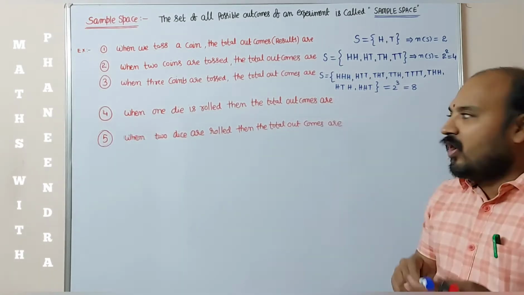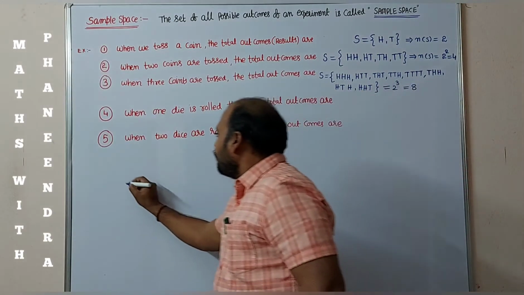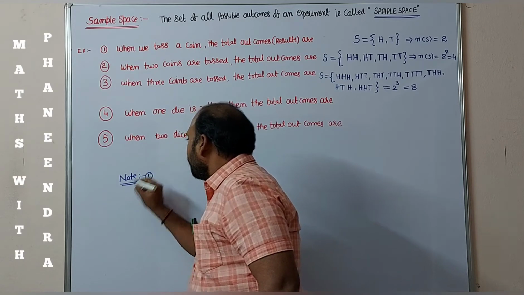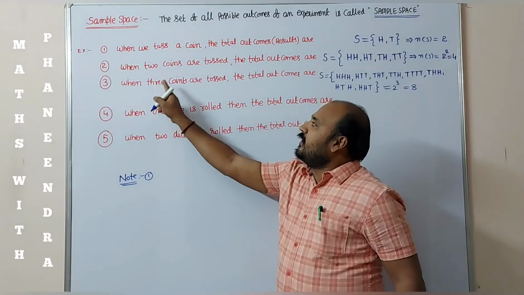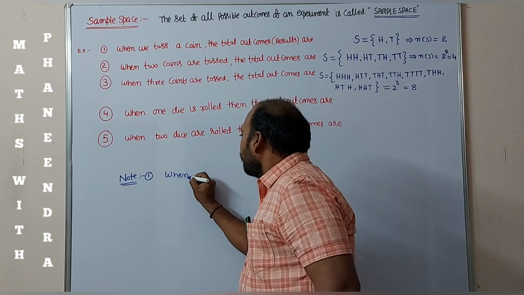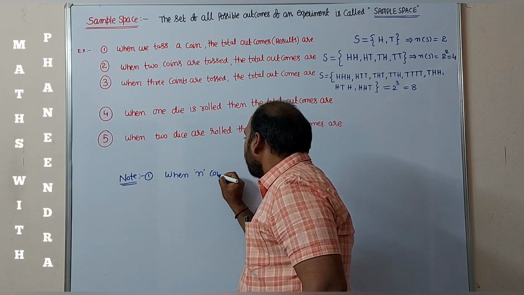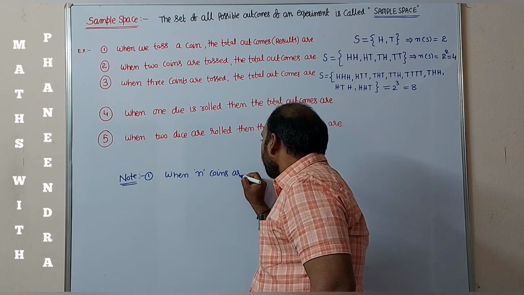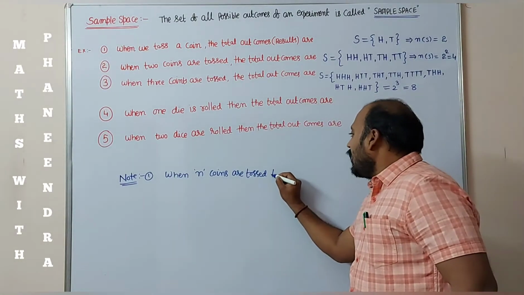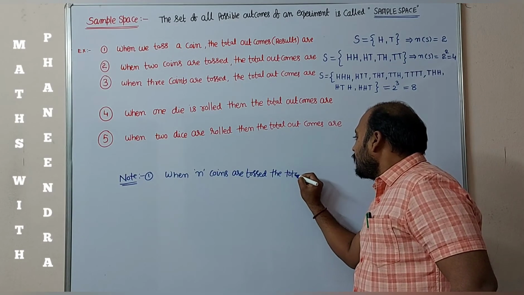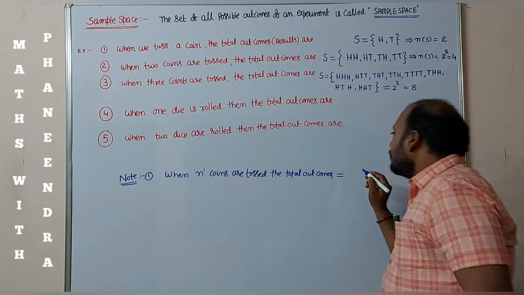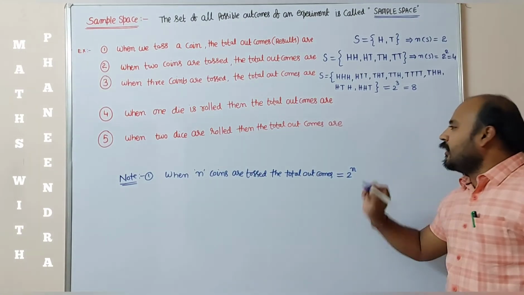Similarly, generally what we can conclude here, note: when n coins are tossed, the total outcomes is equal to 2 power n.